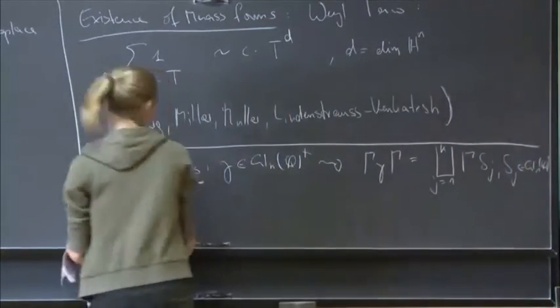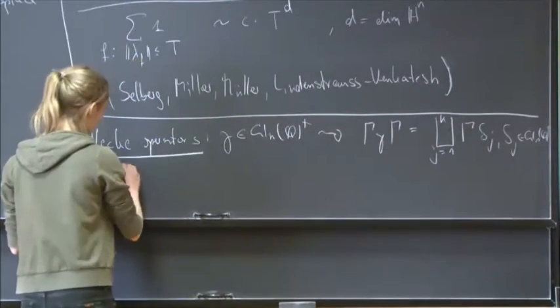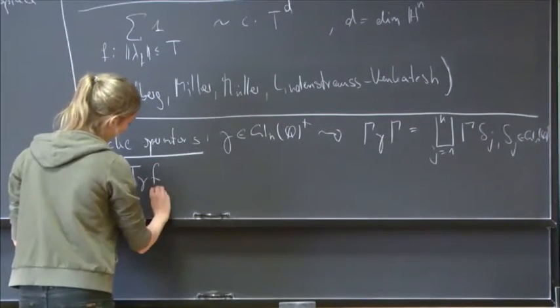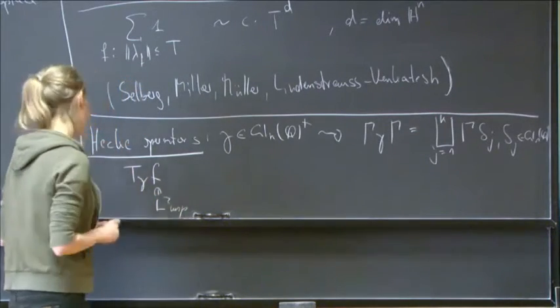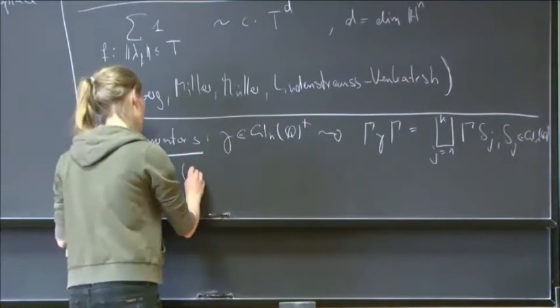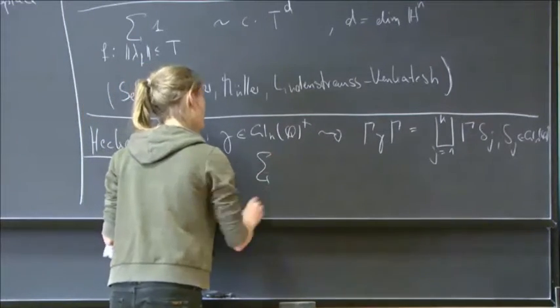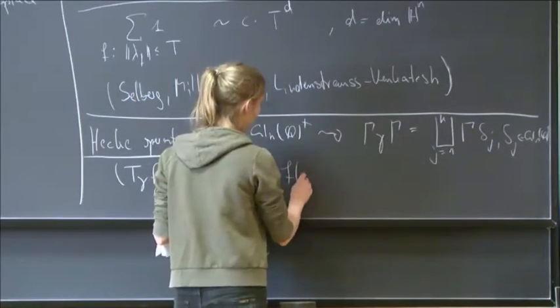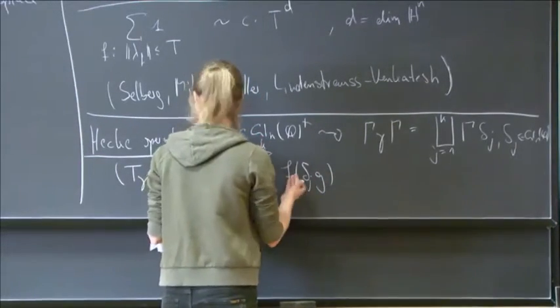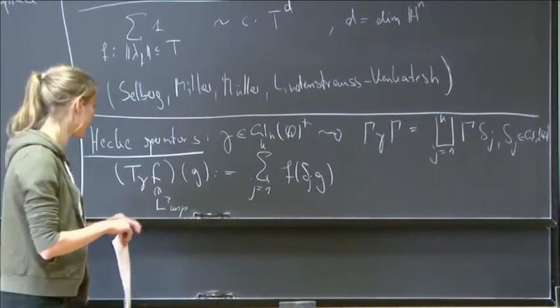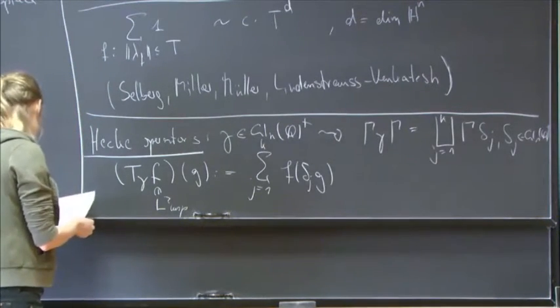And we introduce the Hecke operator T_alpha f, with f in the cusp forms, by defining this as the sum over j of f(delta_j g). So since f is left gamma invariant, this is well defined.